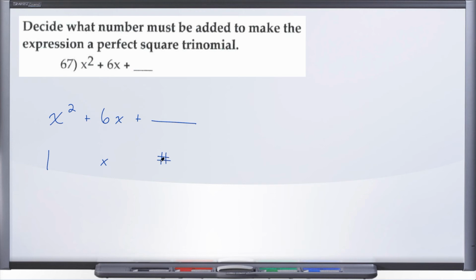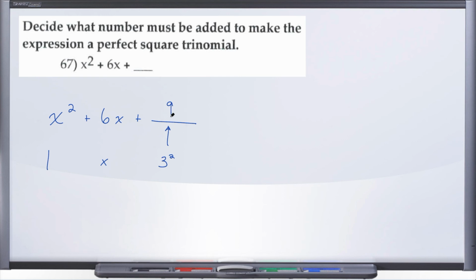So we want this number here to be 3 because 1 times 3 is 3, and then 3 doubled gives us 6. So we have to think now, all right, well, what square root gives us 3? Well, if you don't like thinking that way, you could just simply say, all right, 3 squared is going to give us 9, right?